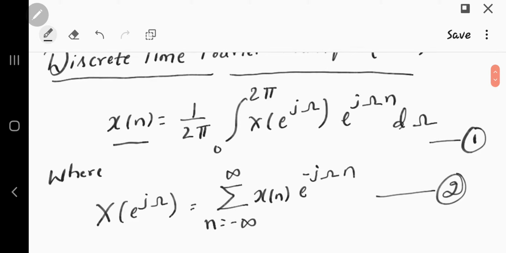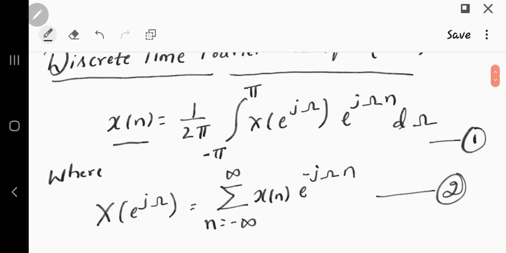Since it's a non-periodic signal, we take the limit from 0 to 2 pi, or we can alter this and take it from minus pi to plus pi, which is the most frequently used one.